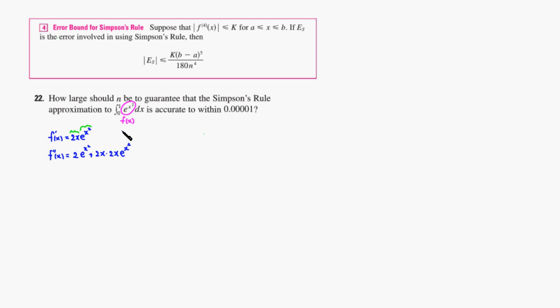So I'm going to clean this up a little bit. You have a 2, and then plus 4x squared. Then I'll pull out e to the x squared.